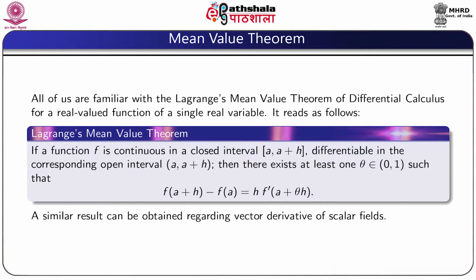If a function f is defined and continuous in a closed interval [a, a + h], differentiable in the corresponding open interval (a, a + h), then there exists at least one θ in the open interval (0, 1) such that f(a + h) − f(a) equals h times f′(a + θh). Now we can show that a similar result can be obtained regarding vector derivative of scalar fields.